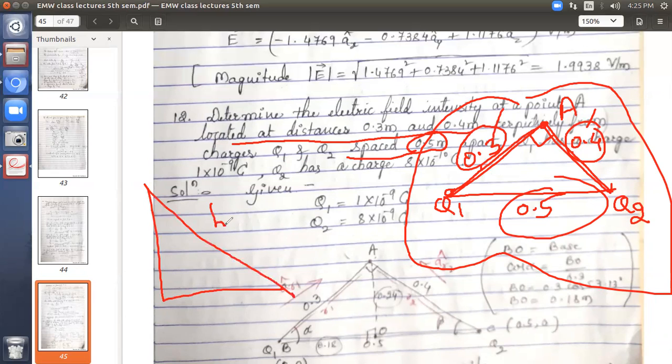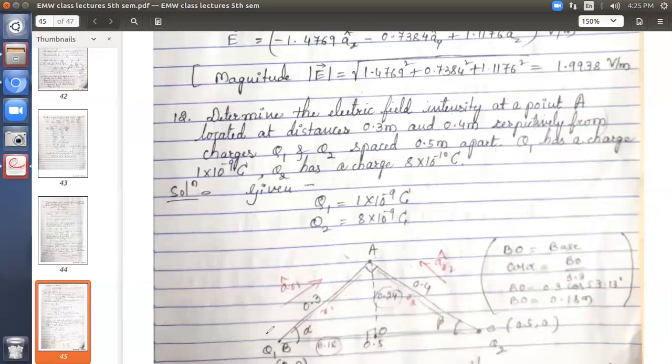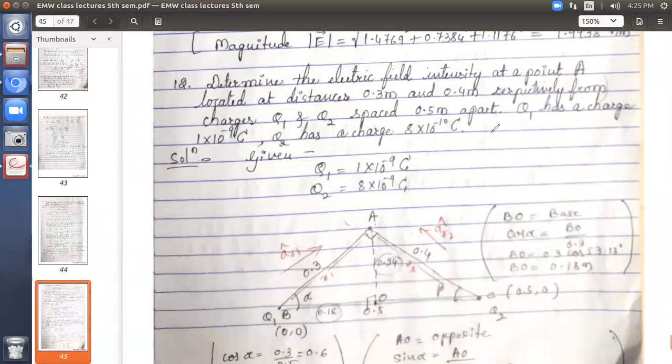If this is your hypotenuse, this is your base, this is your opposite, then the square root of opposite square plus base square will give you the hypotenuse. That's why I'm telling you it is a right angled triangle. Okay, I hope you understood the given question.